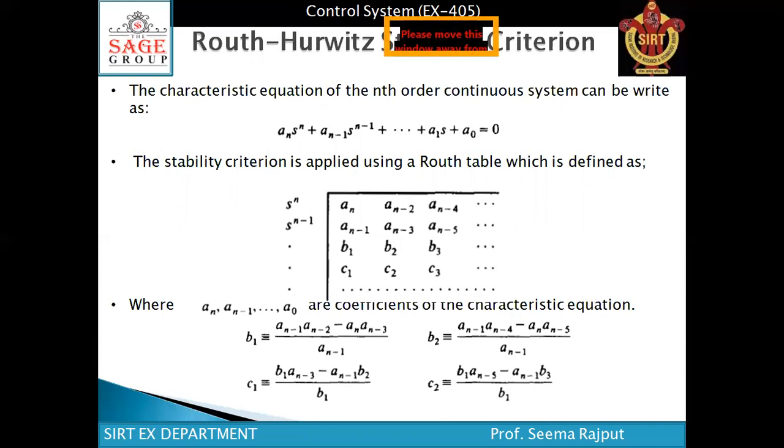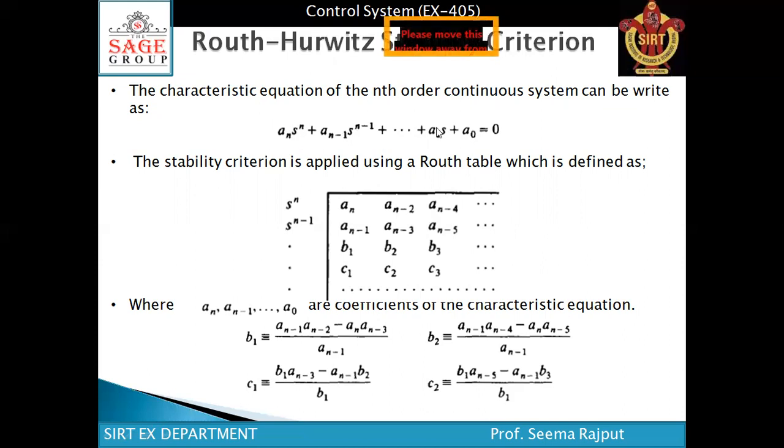Then the stability criteria is applied using a Routh table. We have to start with the highest power and end with the lowest power. So we start with s to the power n, then s^(n-1), then s^(n-2), and so on.